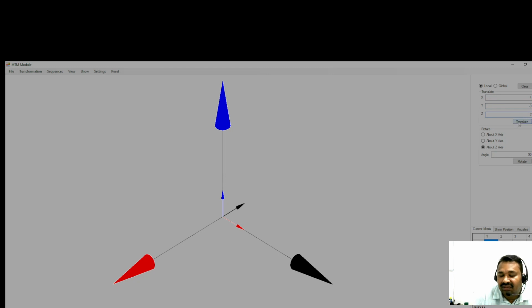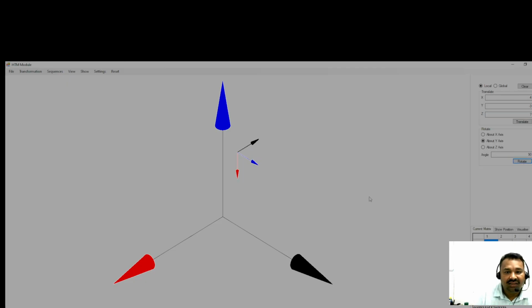Then I am translating here. Okay, so it got translated, and one can see the rotation matrix just below on the right side, and also the sequence of multiplication of the transformations. So R1, then T2 means transformation 2 in the form of translation. Then third was again rotation about y by 90 degree. So rotating it. Okay, so this was the third one.